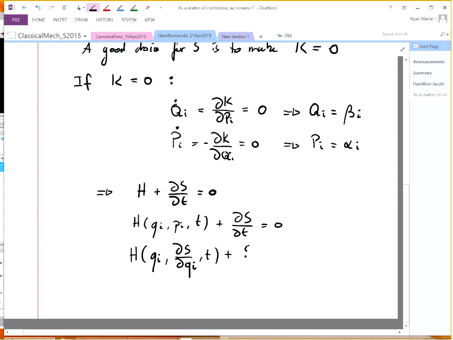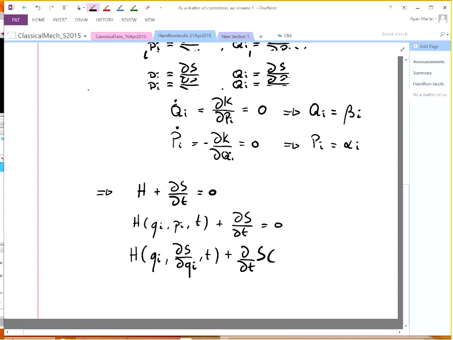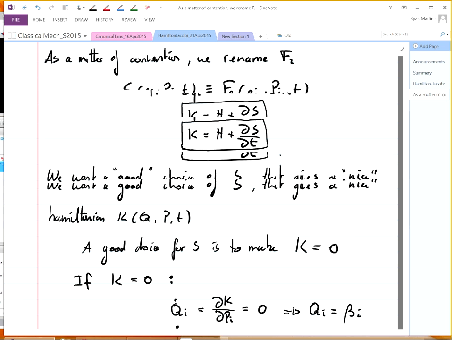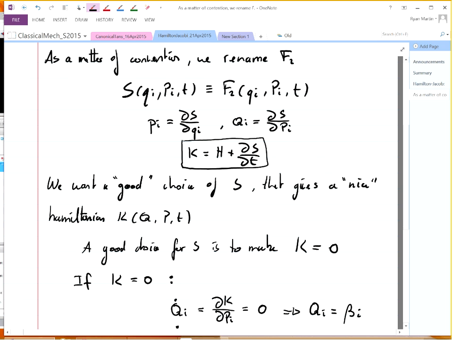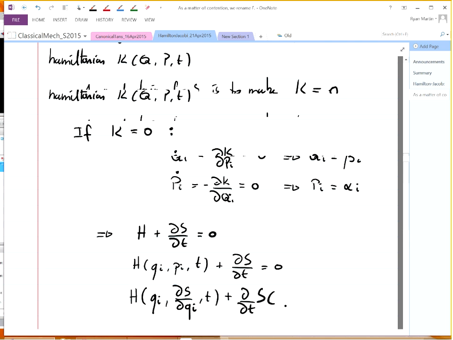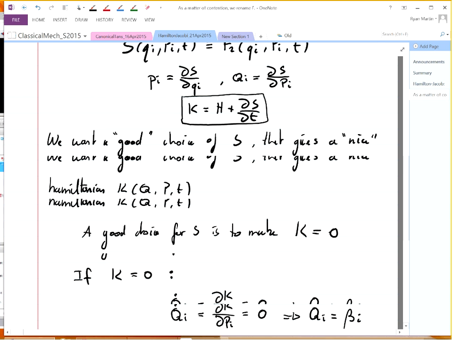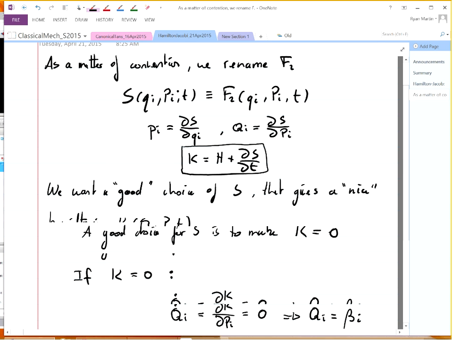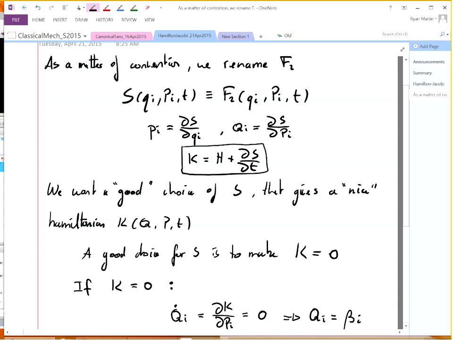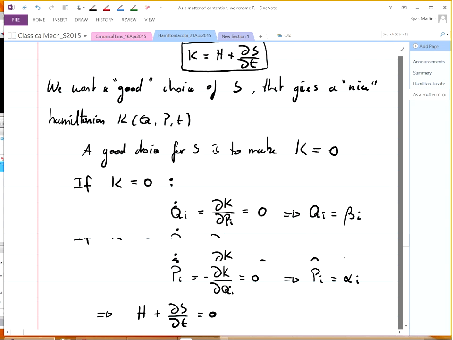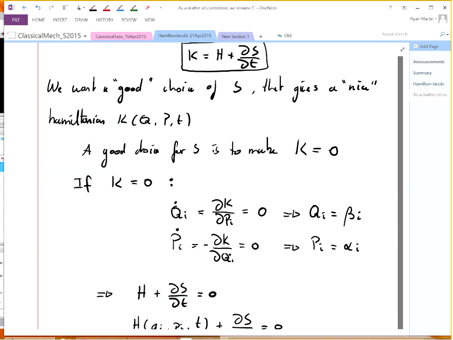Now what does S depend on? So that's ∂S/∂t. And if I put in what S depends on, we just said that: S depends on the lowercase qi. It also depends on capital Pi, but the capital Pi's are constants, and we called those constants alpha i.